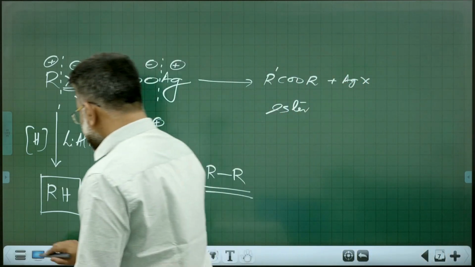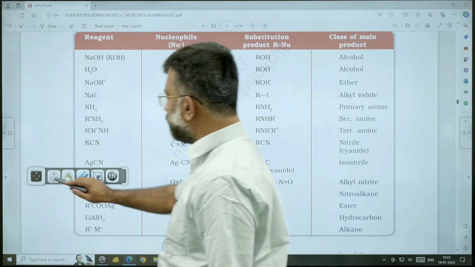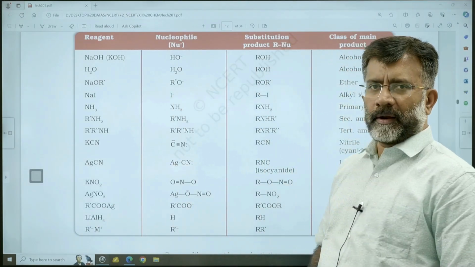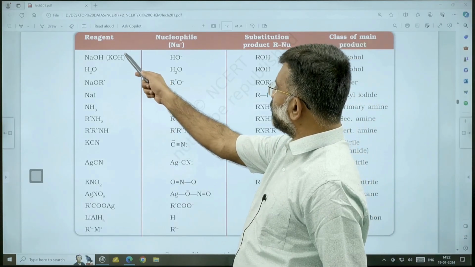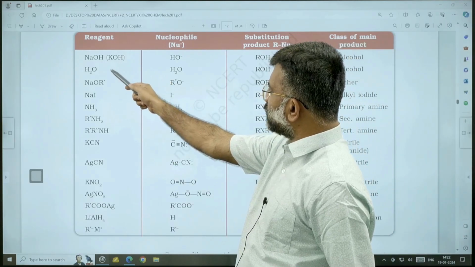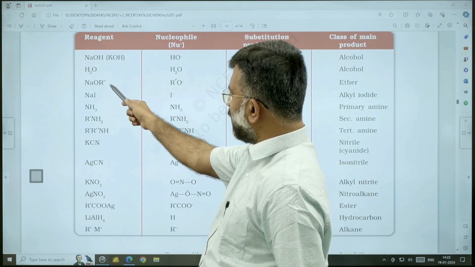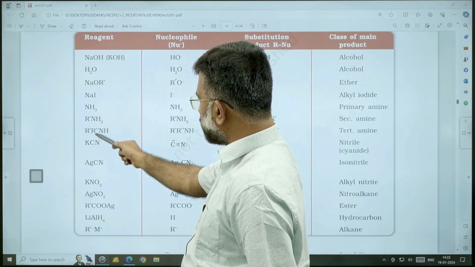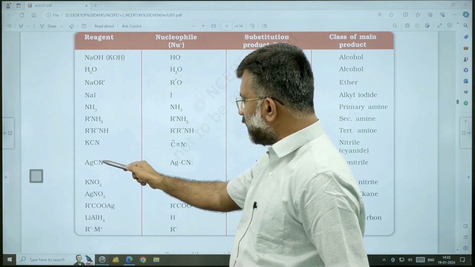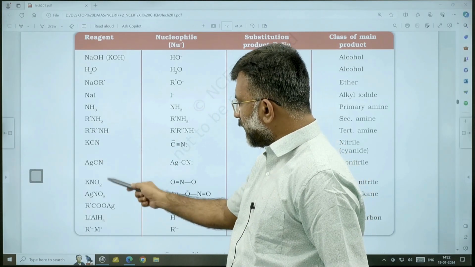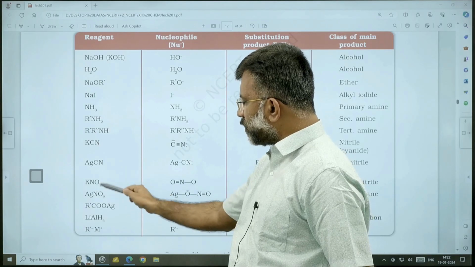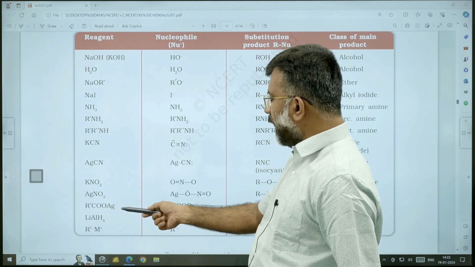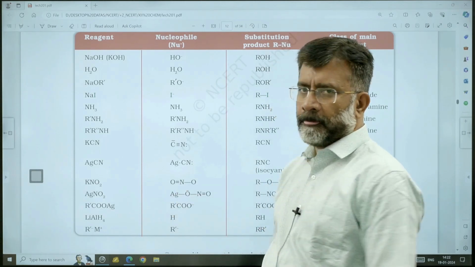So these are the important examples from the nucleophilic substitution of haloalkanes: with NaOH or KOH, simple solvolysis, Williamson synthesis, Finkelstein reaction, ammonolysis reaction, KCN and AgCN studied together, KNO2 and AgNO2 studied together, then silver salt of carboxylic acid, lithium aluminum hydride, and alkyl metal.